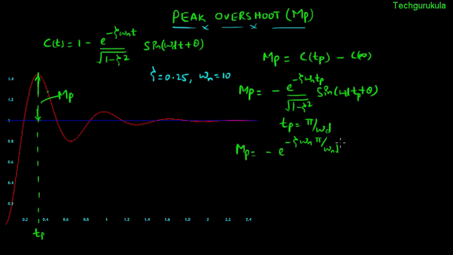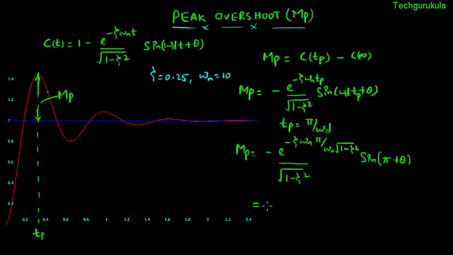Omega d is omega n times square root of 1 minus zeta square, whole divided by square root of 1 minus zeta square, times sine of omega d times TP, where TP is pi by omega d. Both omega d's will get cancelled, so we'll have pi plus theta.